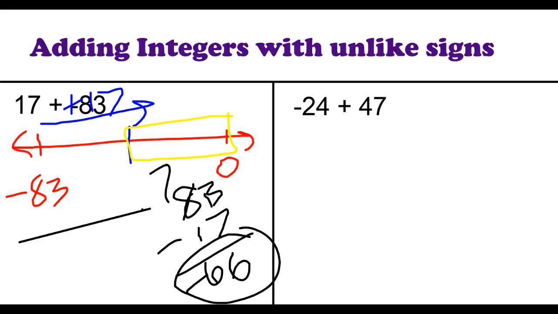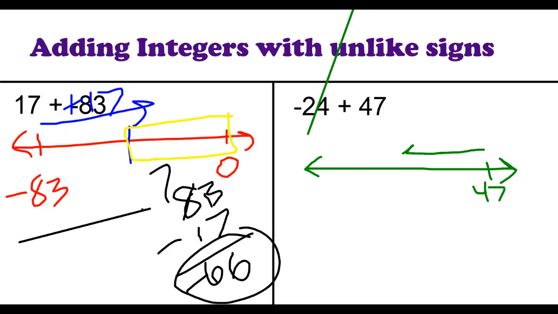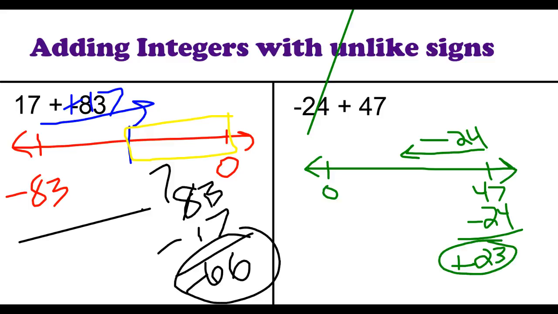On the second question here, negative 24 plus 47, we start at 47 on the number line and move backwards by 24, which takes us closer to 0, and we end up, instead of 47 units away from 0, 23 units in the positive direction away from 0, because we've taken 47 steps in the positive direction and only 24 back in the negative. So our overall sum is going to be positive.